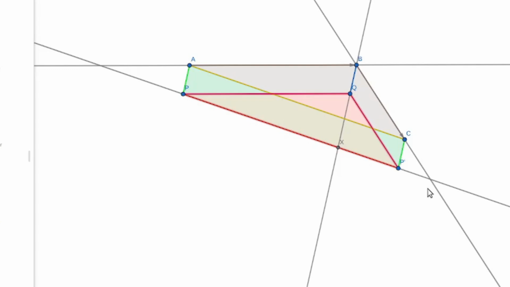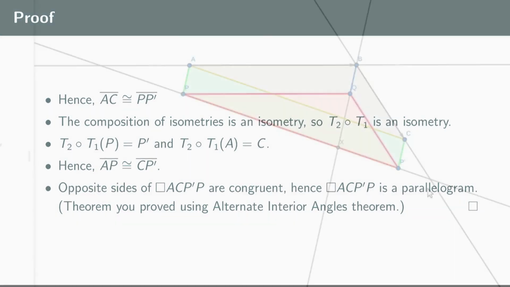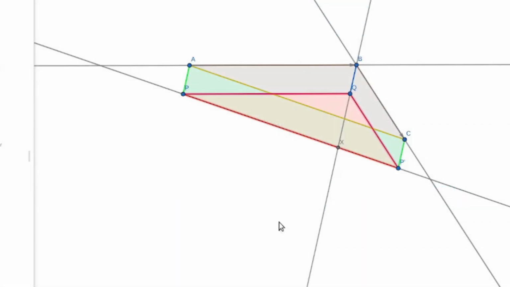If you recall, you proved that theorem using the alternate interior angles theorem several weeks ago, actually even in the last module. And that completes our proof.